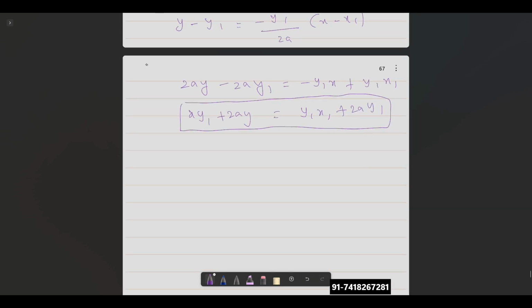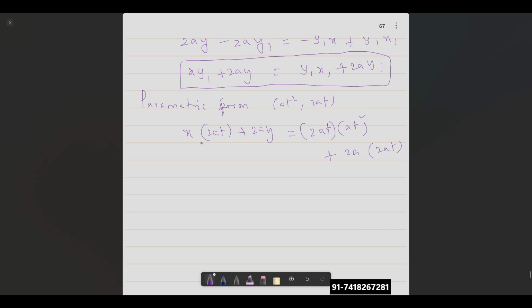Now we'll arrive at the parametric form. Same procedure. How do you obtain the parametric form? With at square, 2at as a point. So substitute: x1 is at square, y1 is 2at, into x y1 plus 2ay equals y1 x1 plus 2a y1.